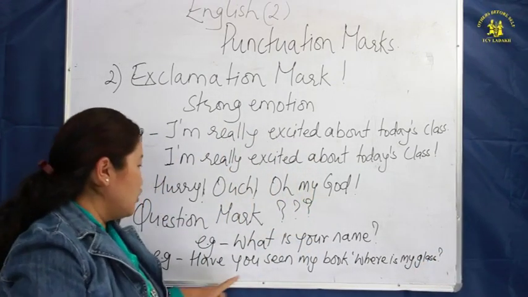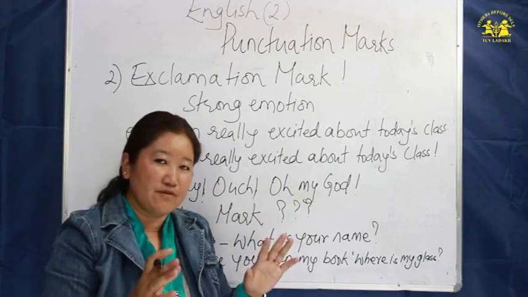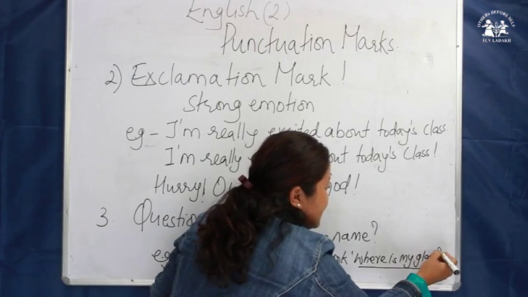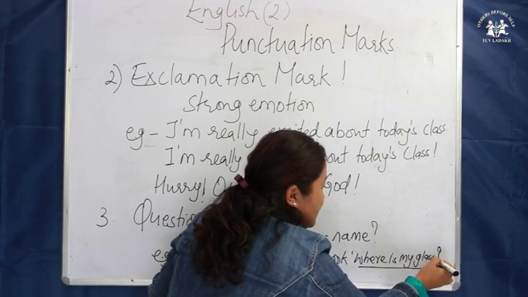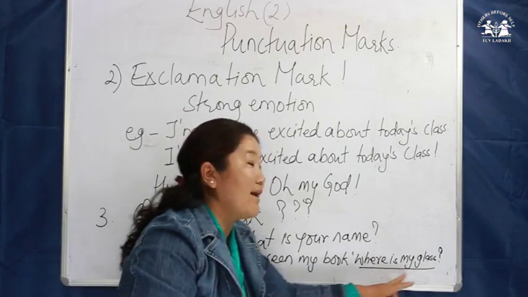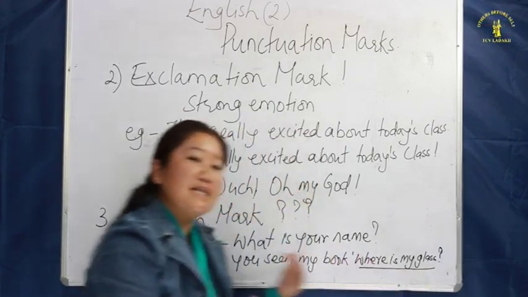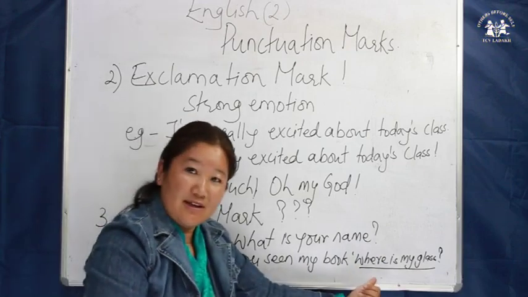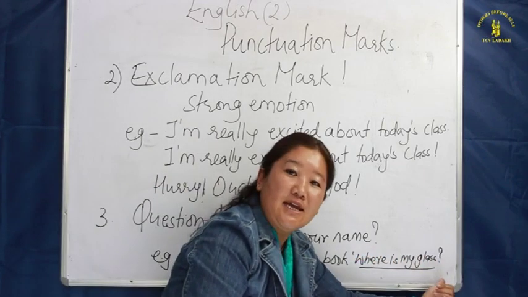Now, the confusion over here is that sometimes students get confused because this particular mark comes along with this sentence. It is together. Where Is My Glass? is the name of a book. All right. So it is a question, but the question mark is already over here.